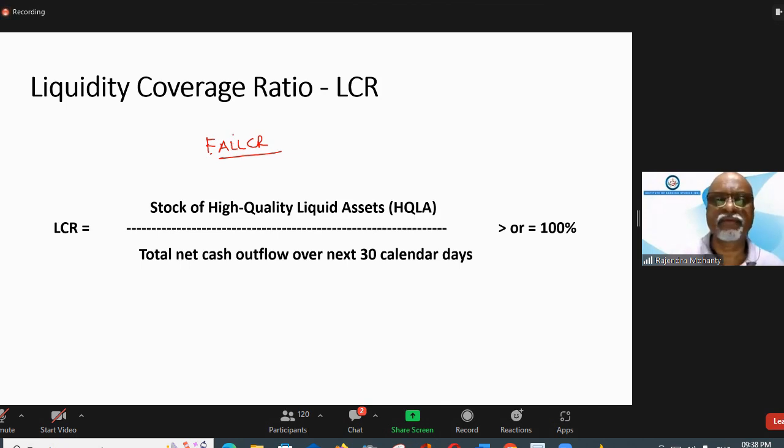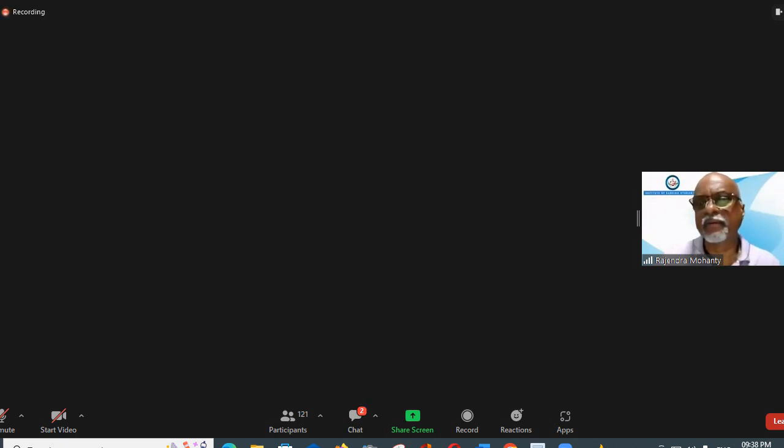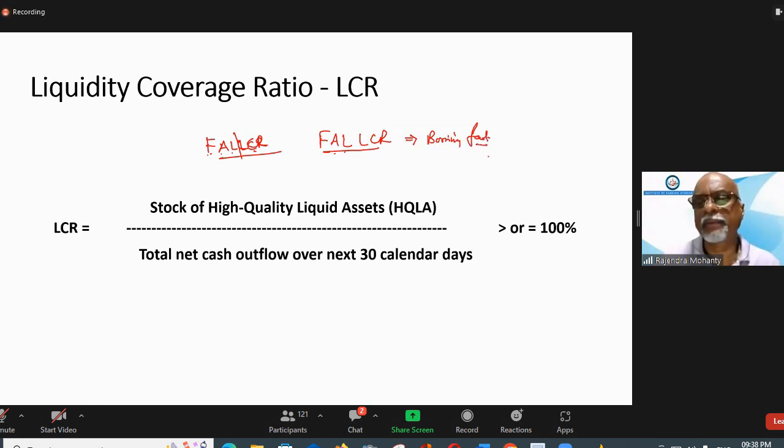So FAL is Facility to Avail Liquidity to cover the liquidity coverage ratio. That is called FALLCR, Facility to Avail Liquidity to cover LCR, where banks can avail the borrowing facility from RBI to achieve this result of 100%.